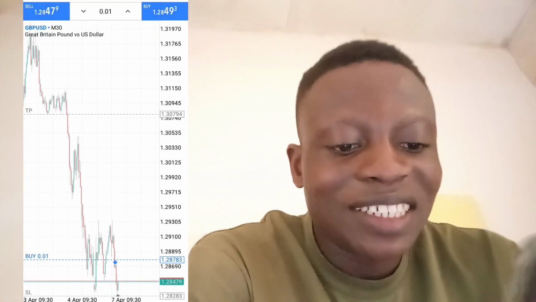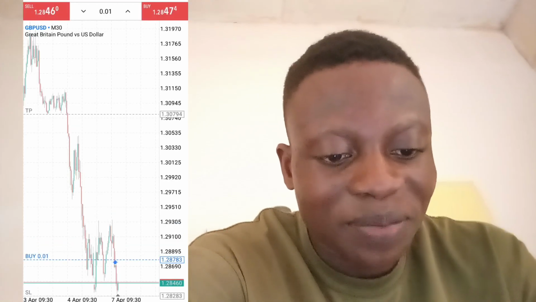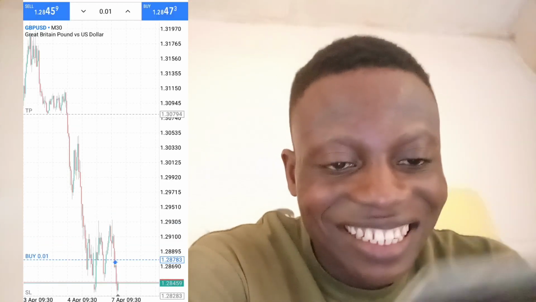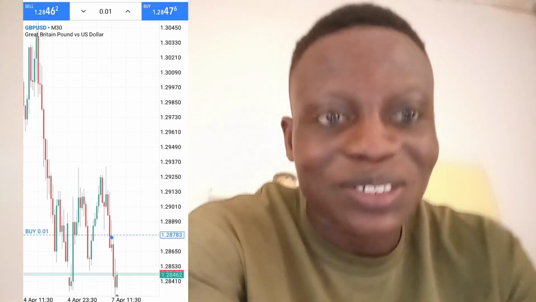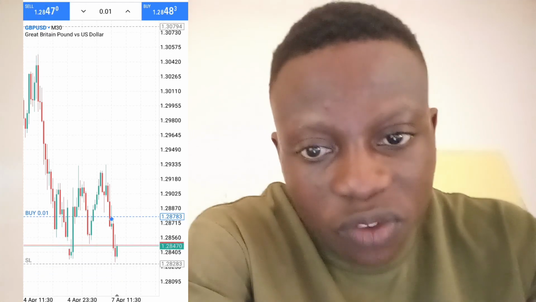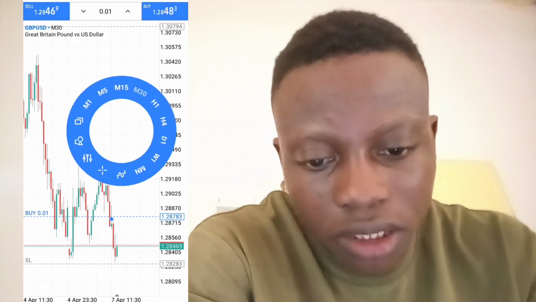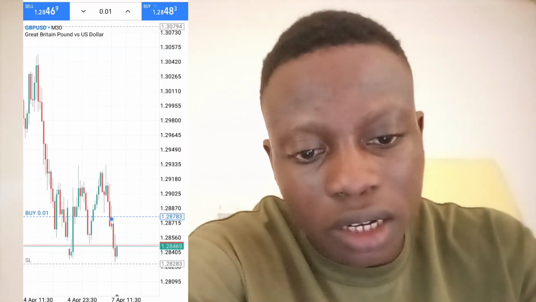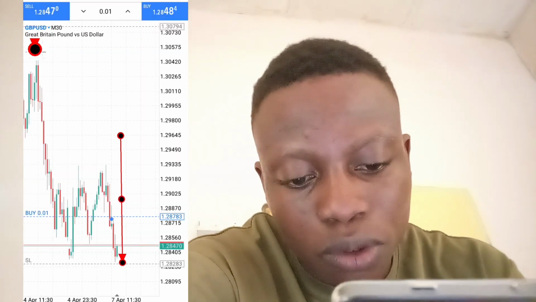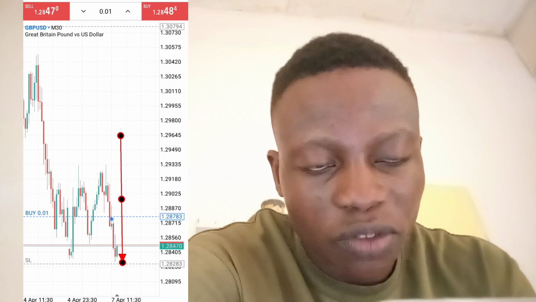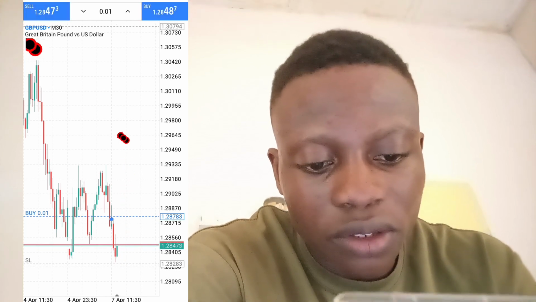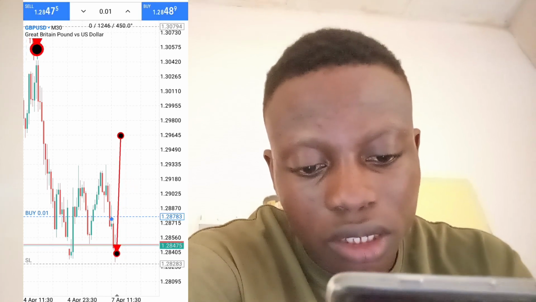So this is what the trade has generated so far. The trade is just going down, very close to our stop loss. This is the stop loss here. The trade came down very close to our stop loss before giving us this bullish candlestick now.